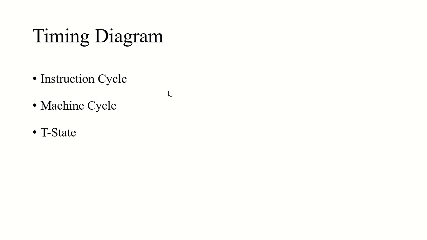Do you understand? The t state is the smallest. When you combine several t states you get a machine cycle. When you combine several machine cycles you get the instruction cycle, right? The number of machine cycles required to perform an instruction cycle is around 1 to 5.